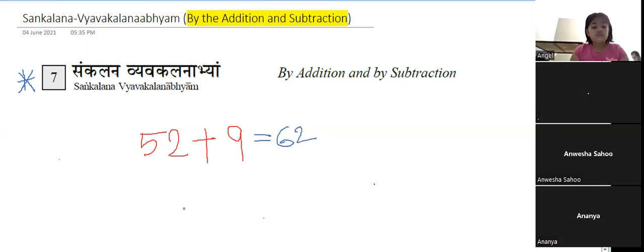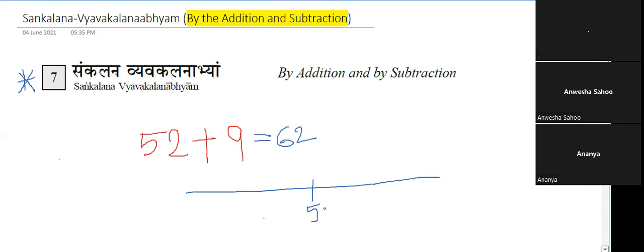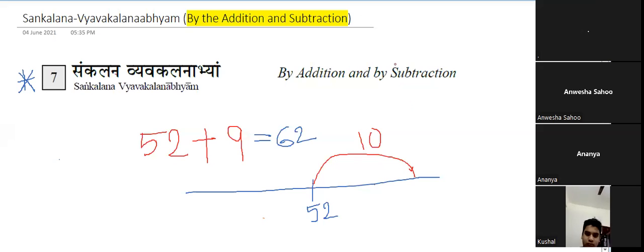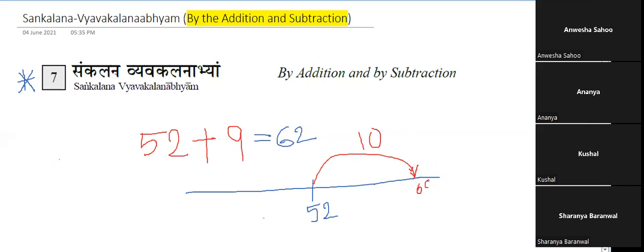See here on a number line. Suppose this is the number 52. First we will add 10 because it is easy to add, and the number becomes 62.